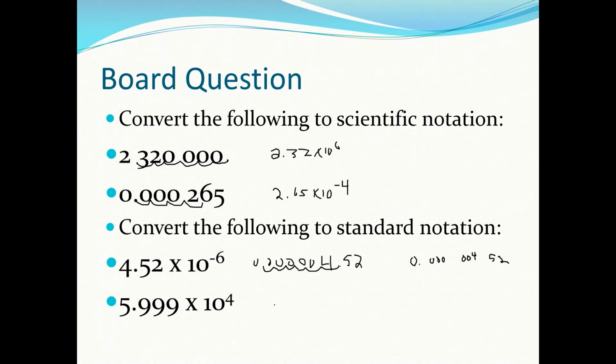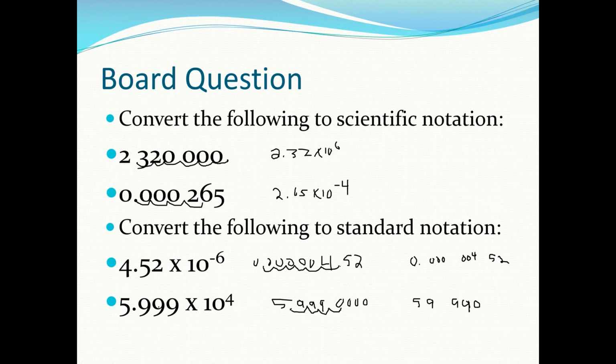And this one here is a really big number, so I have 5.999, and a bunch of zeros after. And I move it over 1, 2, 3, 4. So I get 59,990 would be the correct answer for this one. Okay.